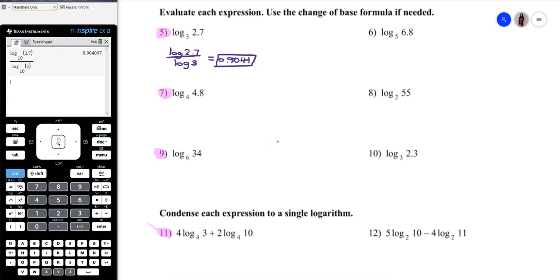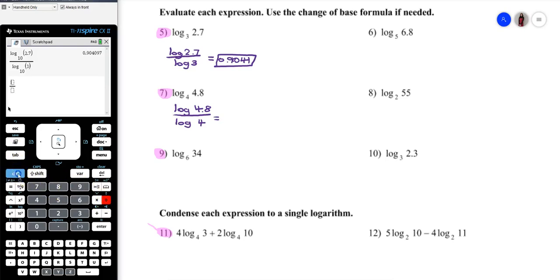Now let's do number 7, which also has a decimal. So this would be log 4.8 over log 4. We're using base 10, so we don't need to write it. So we'll do the same thing again.